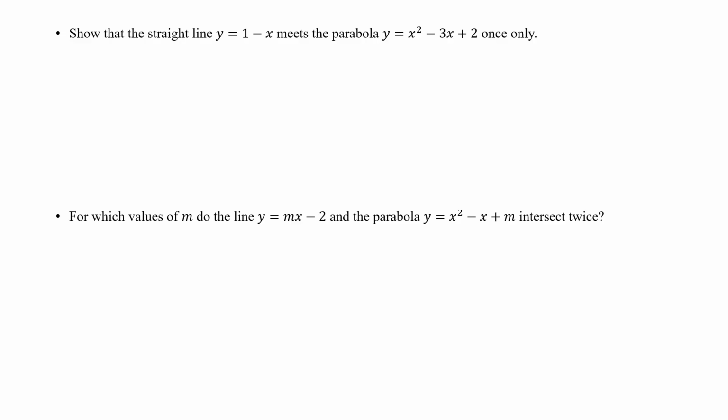Alright, last slide. Show that the straight line y equals to 1 minus x meets the parabola y equals to x squared minus 3x plus 2 once only. If it only meets it once, how many solutions do you have? 1. And what's the thing that we can use for parabolas to check how many solutions you have? Discriminant.